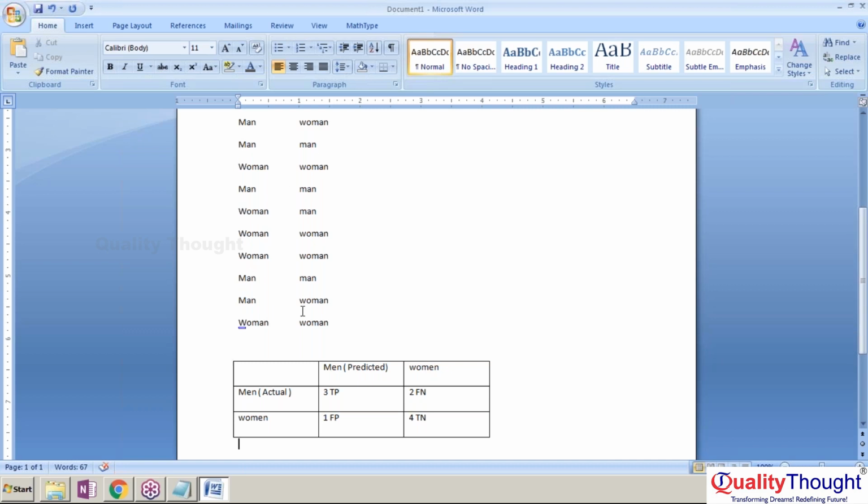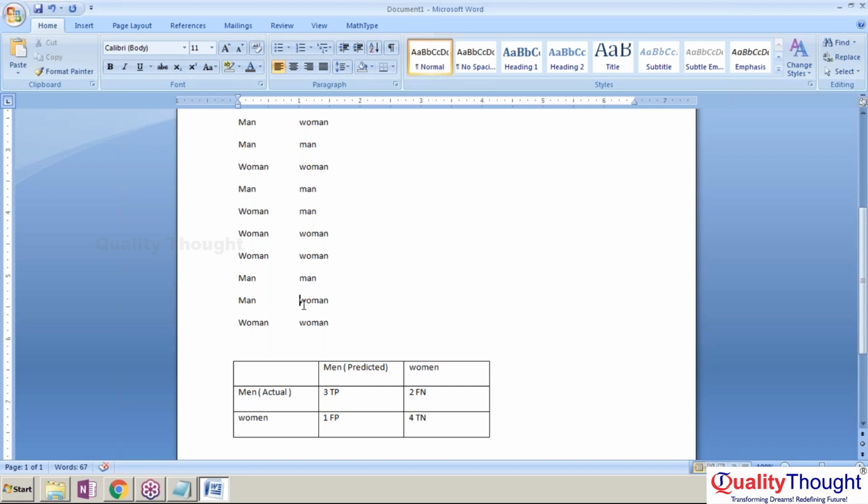Man predicted woman, here it is 1, and another one is here.